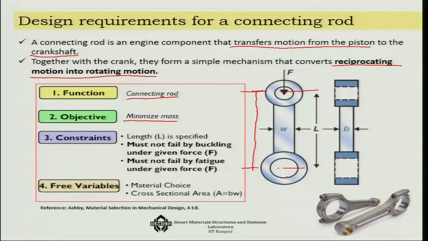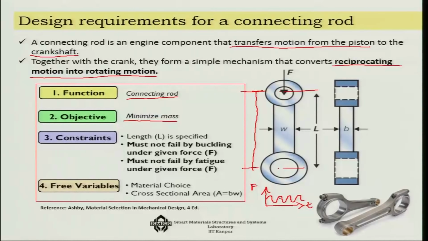So, it must not fail by buckling under the given force, that is one, and also because this F is repetitive in nature. So, basically as the engine is getting fired, in the ignition cycle, the F is going to vary in terms of a maximum and minimum force.